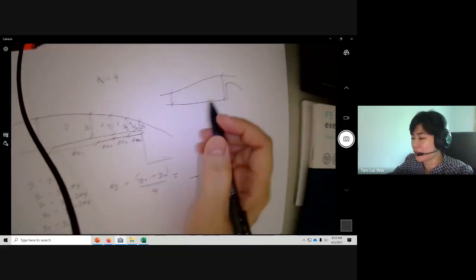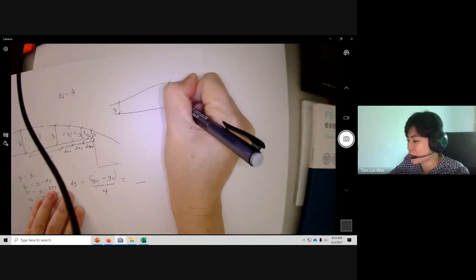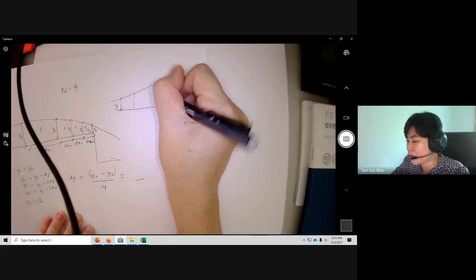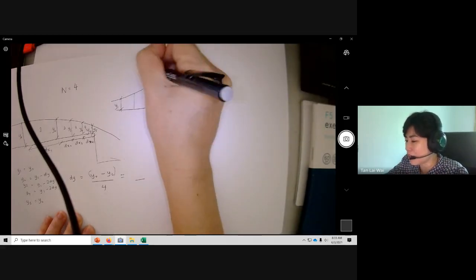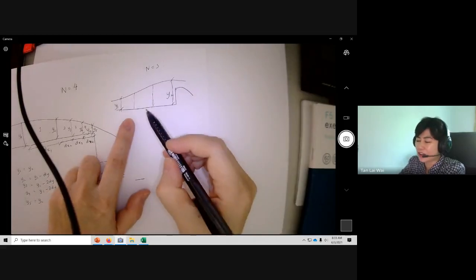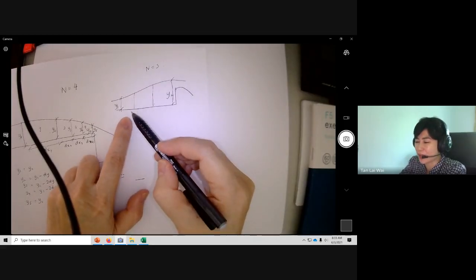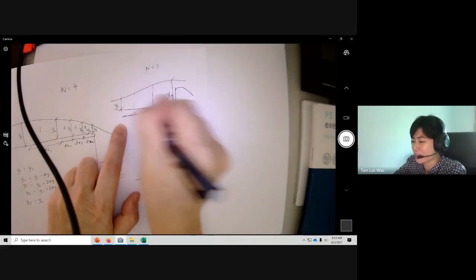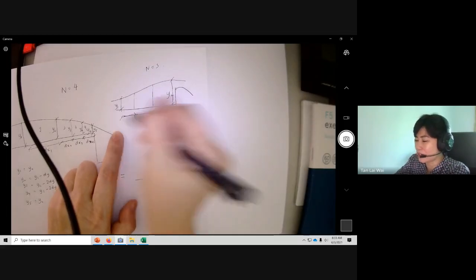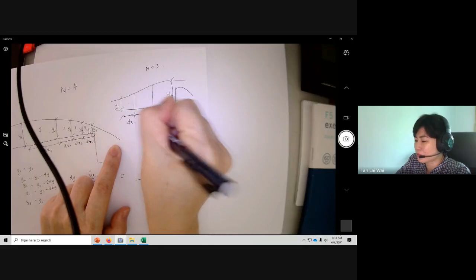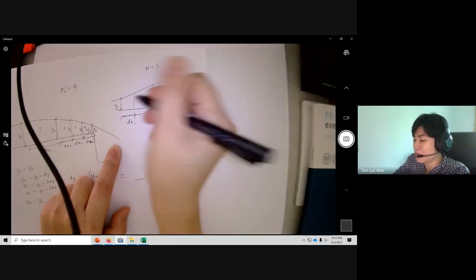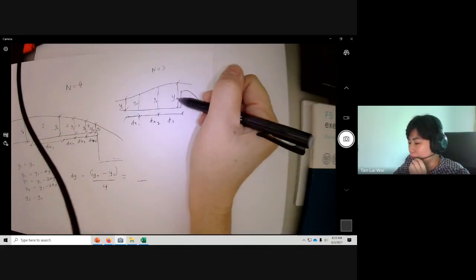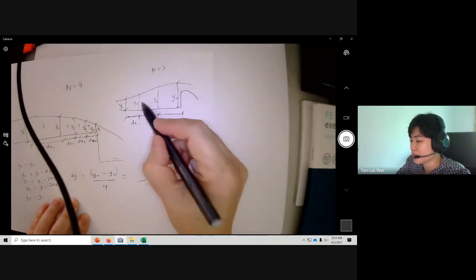In this case, if you have y1 here and y2 here, and you divide, for example, n equals 3, later on you are going to find out that the dx would not be equal. So you have dx1, dx2, dx3. So this will be y2, y3, and this will be y4. So in this case, there are 3 parts.